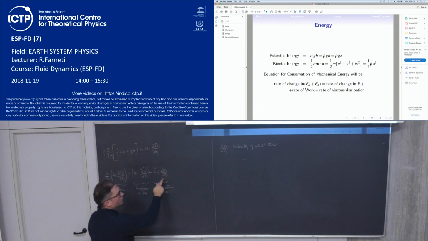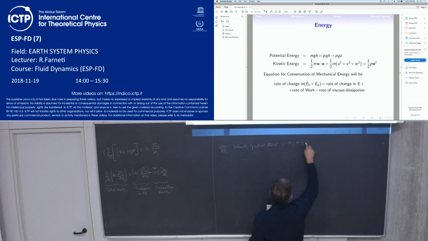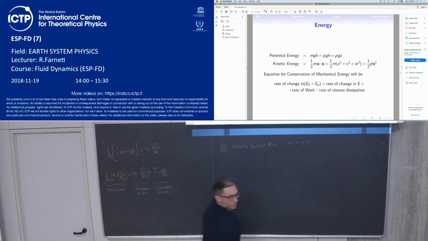This one has two components, a symmetric part and an antisymmetric part. It was equal to e_ij plus, the deformation plus the rotation. This was the symmetric part, and this is the antisymmetric part.